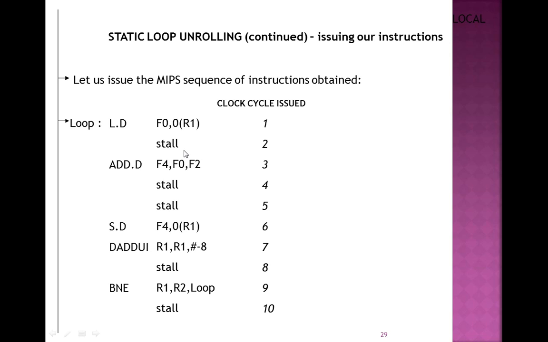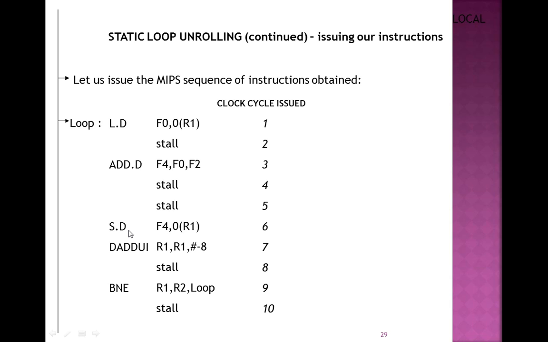Then there is a stall, a waiting period, at clock cycle 2. Next is the ADD.D, performing the add operation with F4, F0, F2, at clock cycle 3. Then the store, at clock cycle 4, and 5.